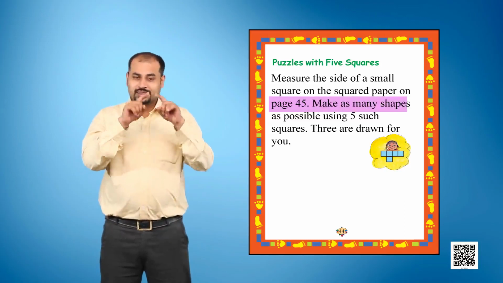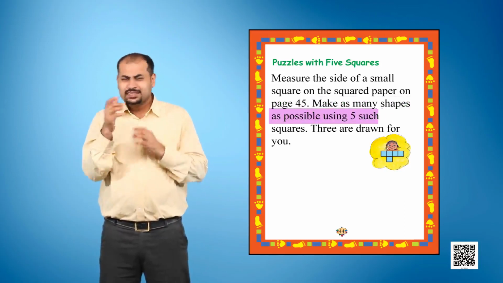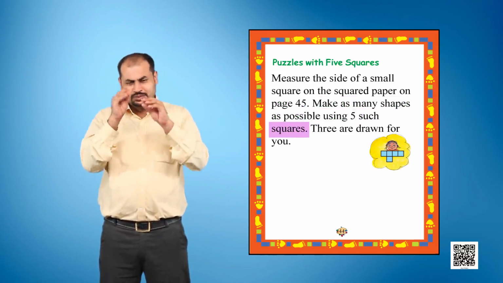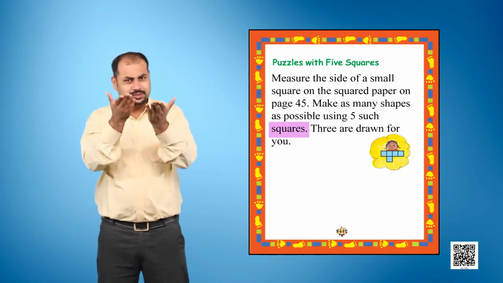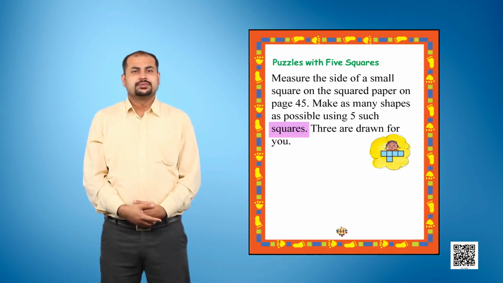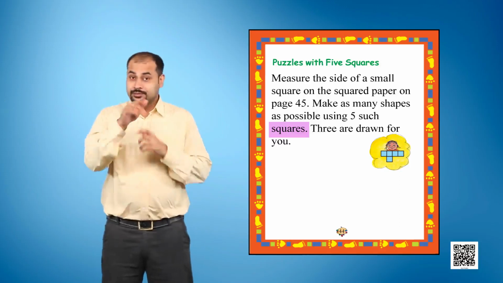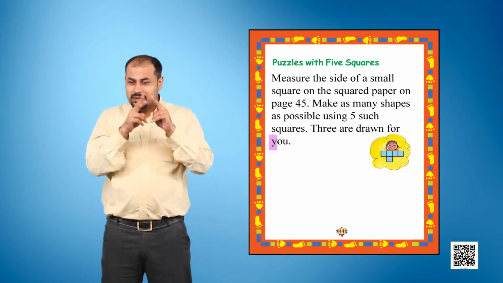Make as many shapes as possible using 5 such squares. Three are drawn for you.